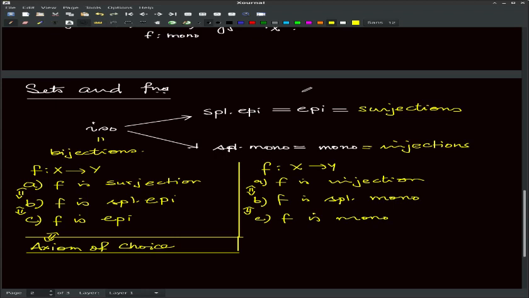Now, this is the scenario. There are people who don't like it to that extent that the moment you use it, they just stop listening to you. They are going to say it's just nonsense.